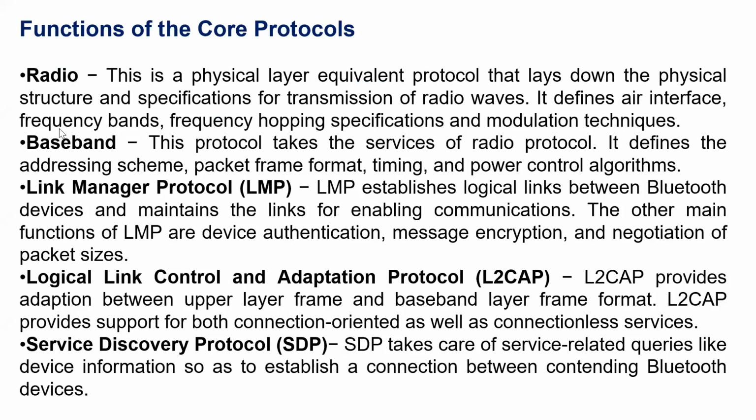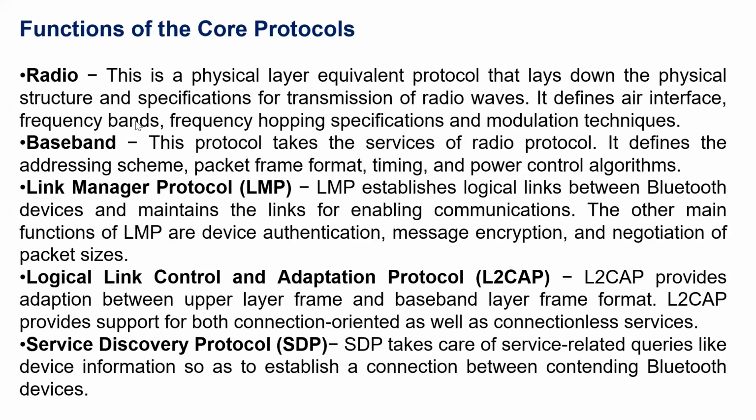So here you can observe once again a recap of the radio. This is a physical layer, and this lays down the physical structure and specification, and it defines the air interface. It defines frequency hopping specification and modulation technique. This already we have studied.